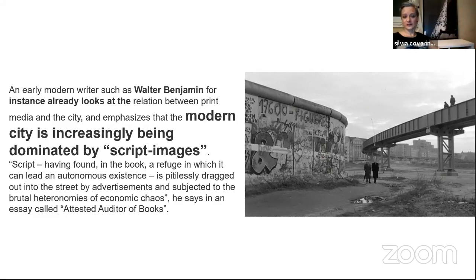a protagonist of this urban scene, and how the role of the visual impact, the scene, the perception of the city, and the modern city increasingly been dominated by this scripted image, and the roots in the cinema were really, really high.